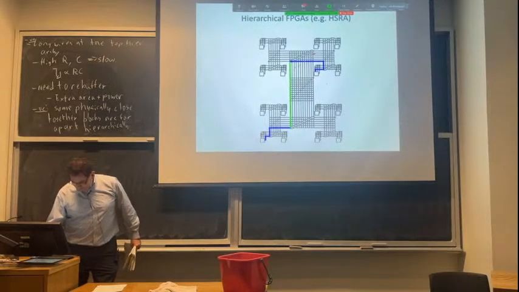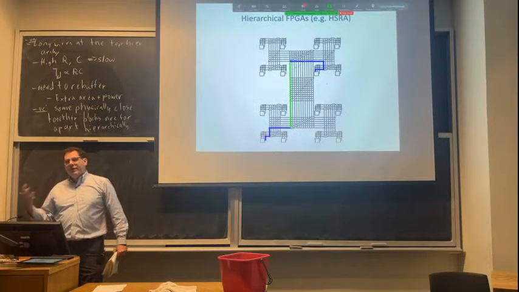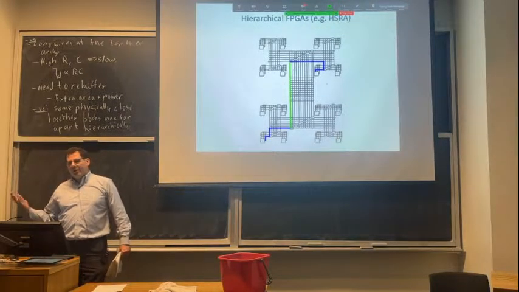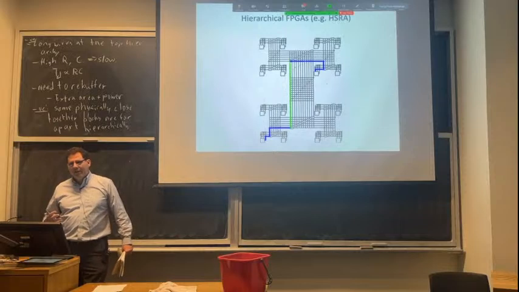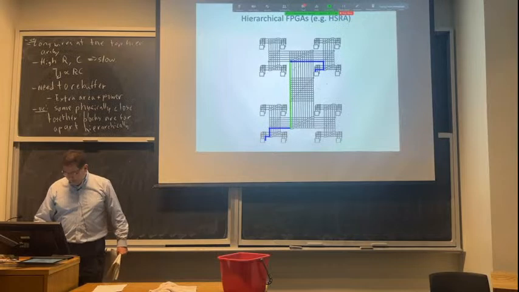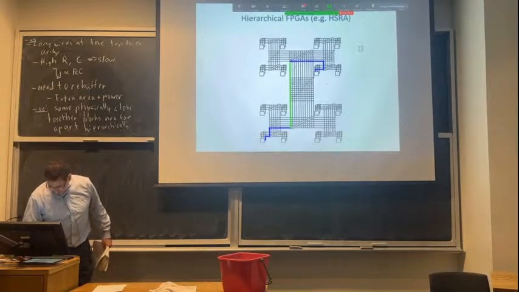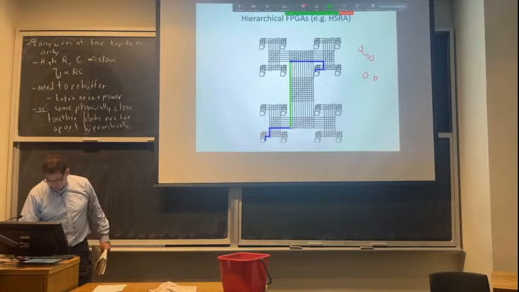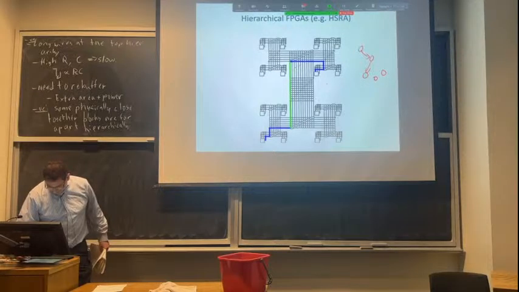It's not guaranteed, but it turns out the CAD tools for this kind of architecture are simpler than the alternative we're going to look at next. So for this kind of CAD tool, you have some circuit, some design. Your design has a bunch of logic blocks in it that are connected in some way. It's normally represented as a graph, or technically a hypergraph, because you can have fanout.